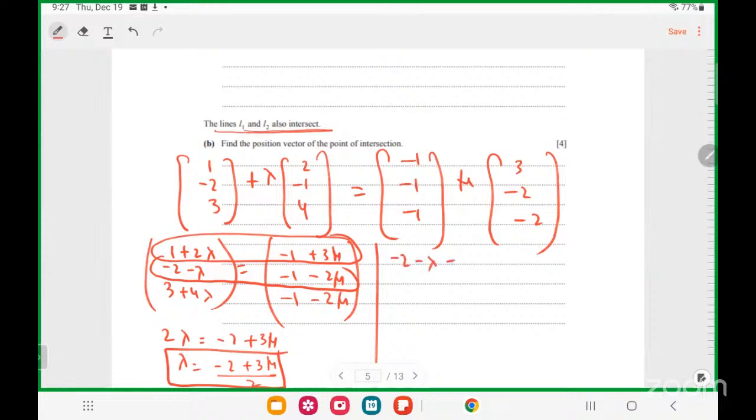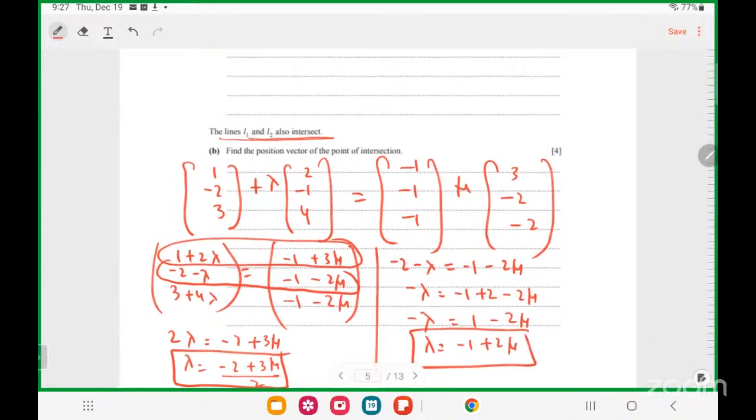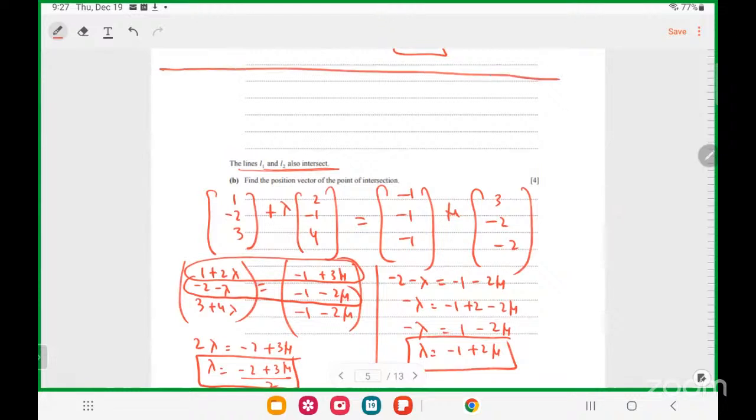Minus 2 minus lambda equals minus 1 minus 2 mu. Minus lambda is minus 1 plus 2 minus 2 mu, so minus lambda is 1 minus 2 mu. Lambda is minus 1 plus 2 mu. Now I will simultaneously solve the two lambdas. Minus 2 plus 3 mu upon 2 is minus 1 plus 2 mu. Minus 2 plus 3 mu is minus 2 plus 4 mu.